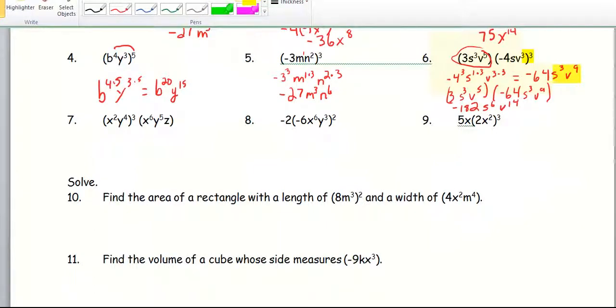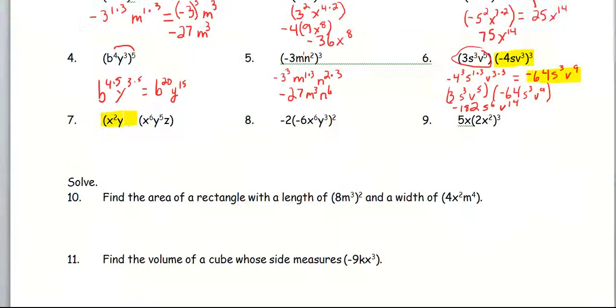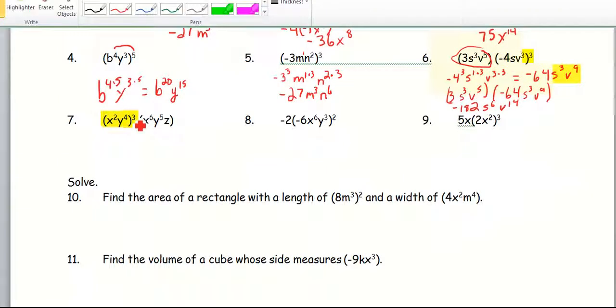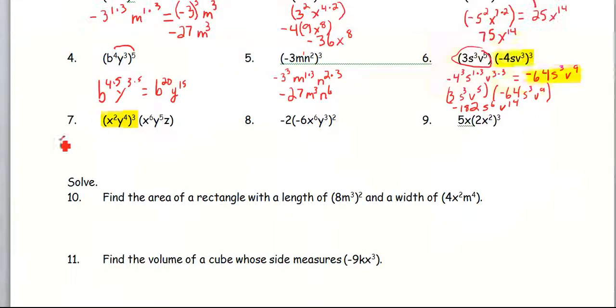All right, so on number 7, what we need to do is we need to take care of this first, because it has an exponent outside the parentheses. So I have x squared, and we're going to multiply those exponents.